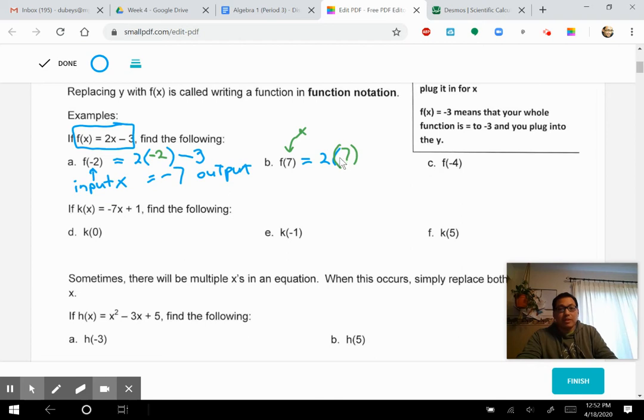So 2 times 7 minus 3. Right? We're taking our rule, which says whatever the input is, multiply it by 2, and then subtract 3. And what do we get? Well, 2 times 7 is 14, minus 3 is 11. And that's our output. That's our answer.